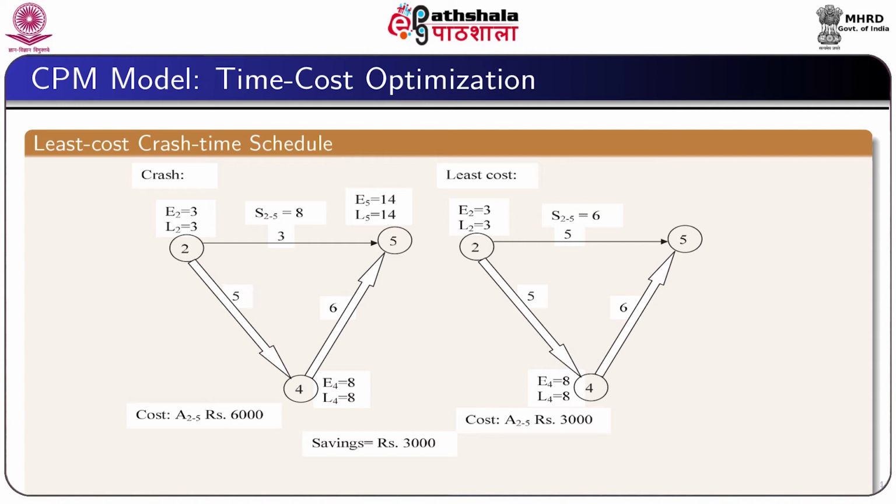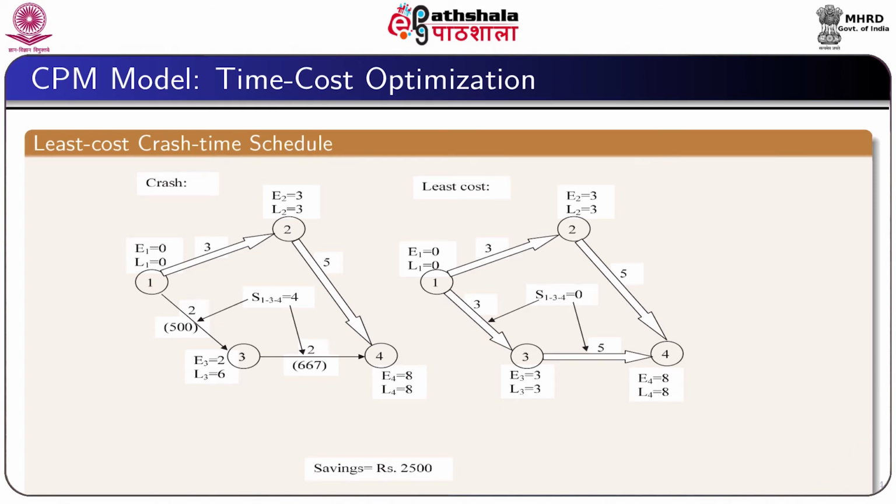Therefore, we can extend the activity time of the activity 2-5 to 5 units, and then the cost is rupees 3,000 for the normal time. Hence, for this we can save rupees 3,000.